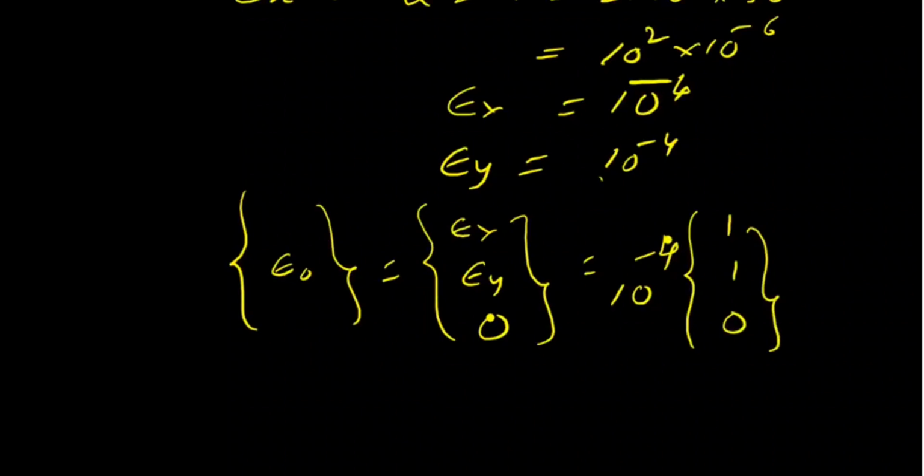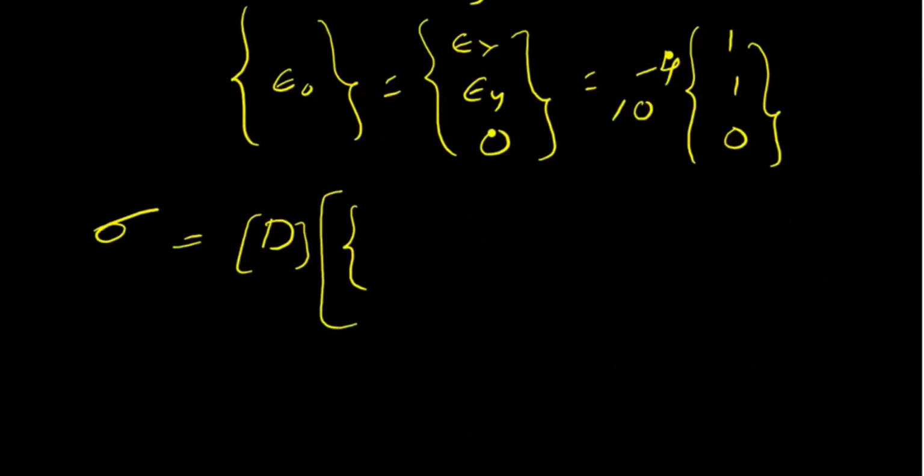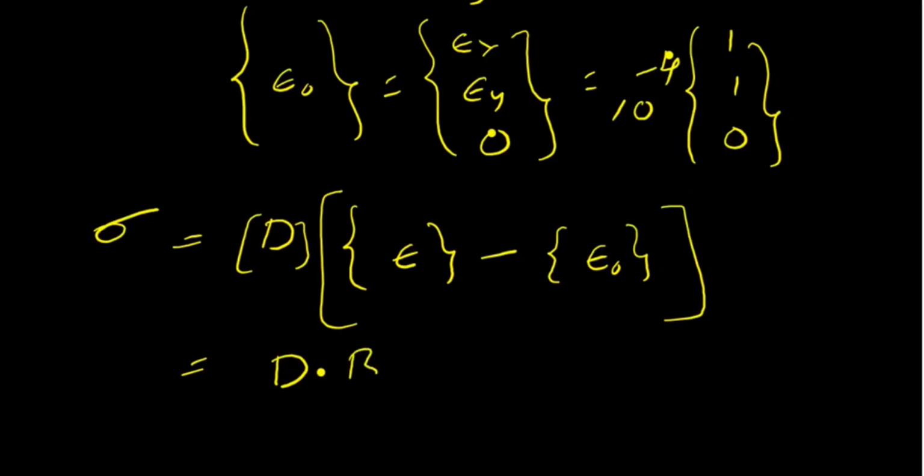Similarly, for the element stress, sigma equals D times the bracket epsilon minus epsilon naught, where epsilon is equal to B into Q, so D B Q minus D into epsilon naught.